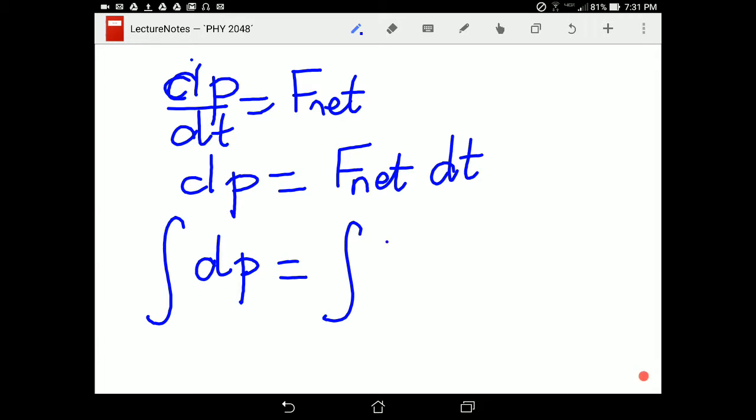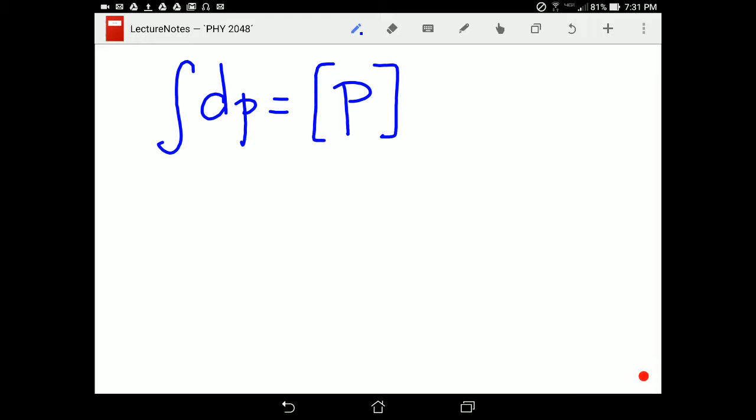And if we integrate on the left-hand side and the right-hand side, we're going to get two different things. On the left-hand side, we will get the integral of dp, which will turn into the momentum, but between the final momentum, which is the end of the process, and the initial momentum.